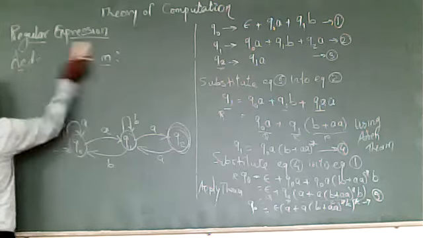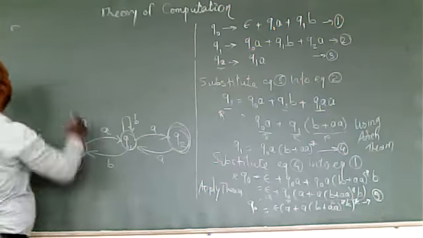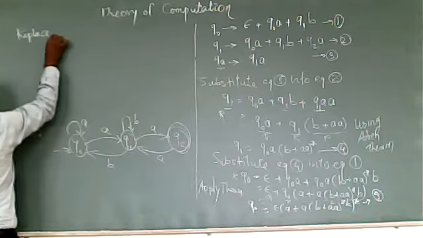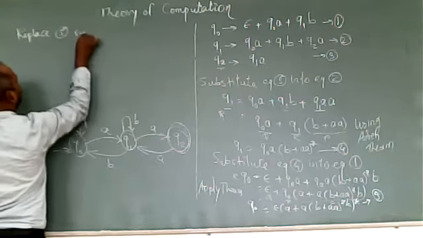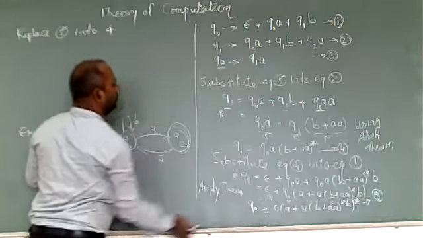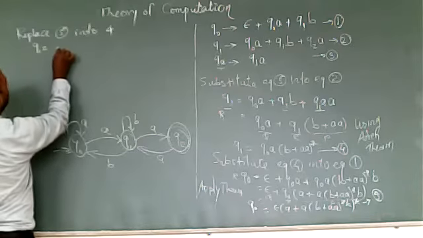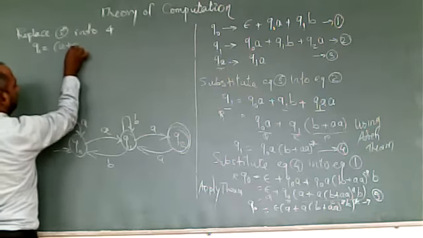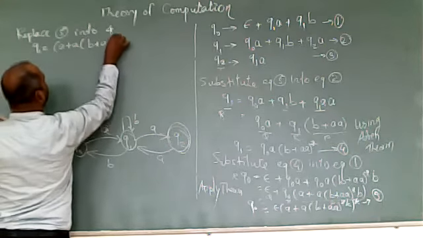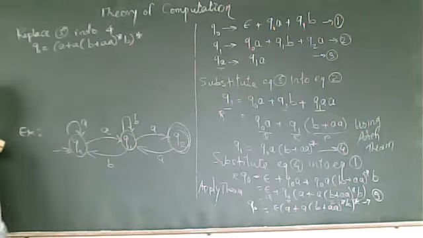Okay. So now we'll solve this again. Replace or substitute equation 5 into 4, this Q0 into 4. So now Q1 becomes, what is Q0? It is (A plus A(B plus A star B)) whole star.